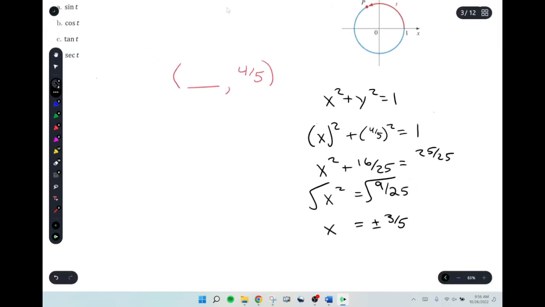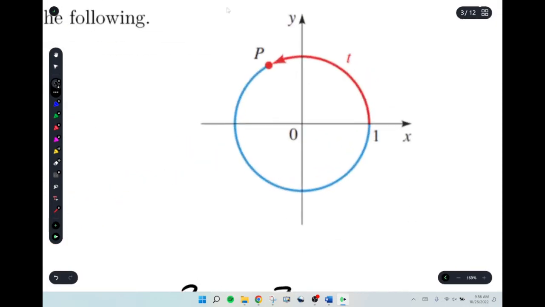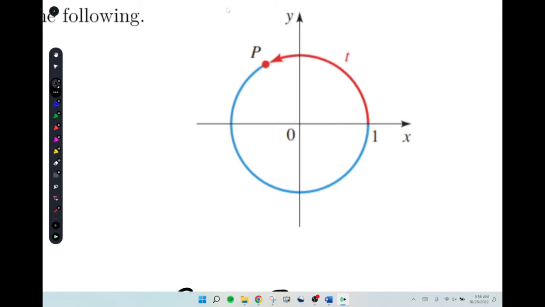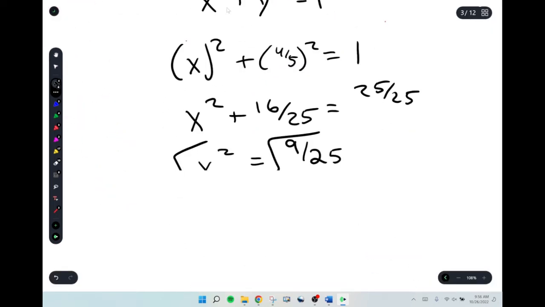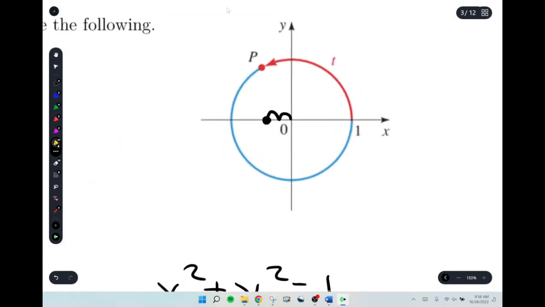So now I've got to decide, do I think x is a positive or a negative 3/5? Look at this picture. If we're using the picture, and it does say use the picture, that looks like a negative, right? So I'm going to go ahead and X out the positive part. And why does it look negative? Because it's the x value, right? We're solving for x. And if I look up at this, what happens to that x value?